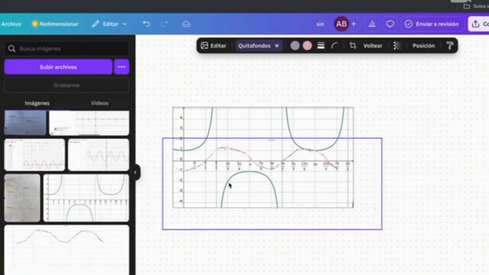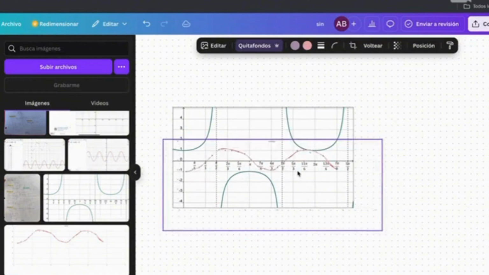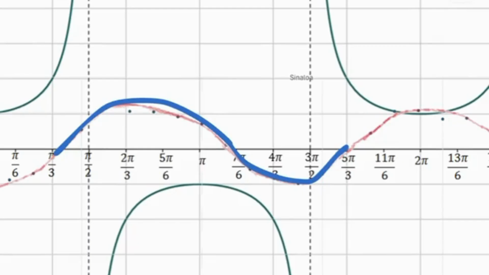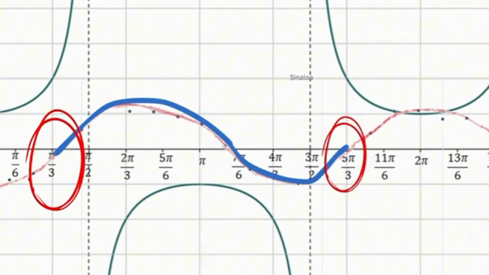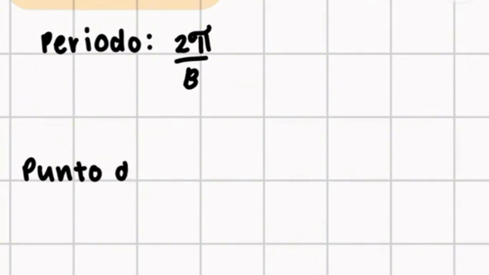We erased the background of the graph and then superimposed it on the Cartesian plane. We obtained this result. Now we notice that the graph starts at pi-thirds and the last point is 5 pi-thirds.